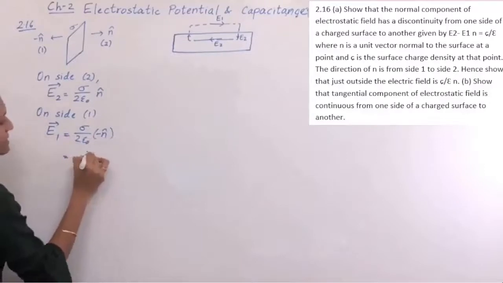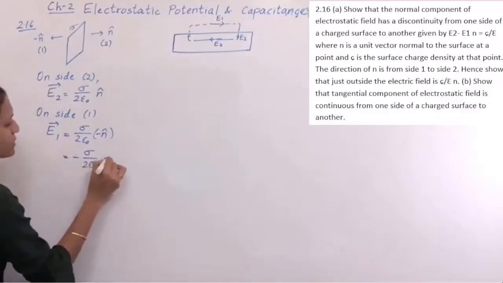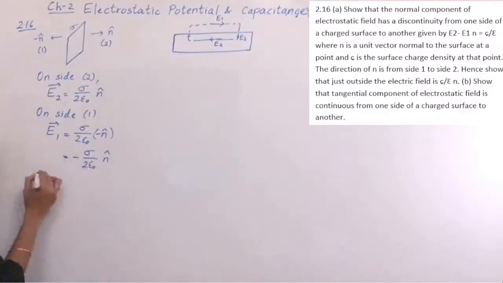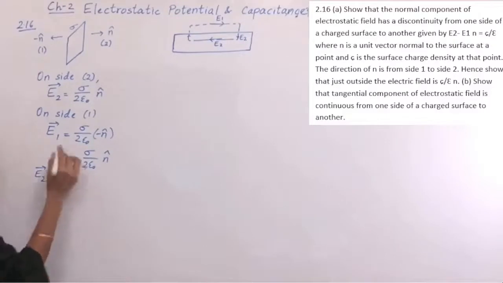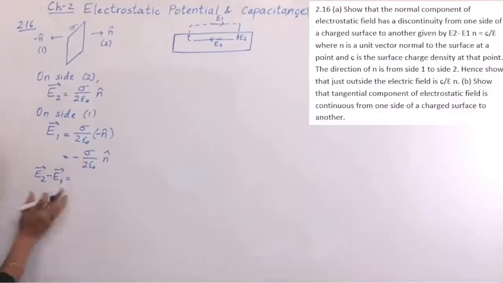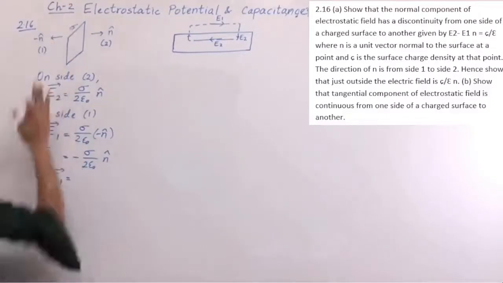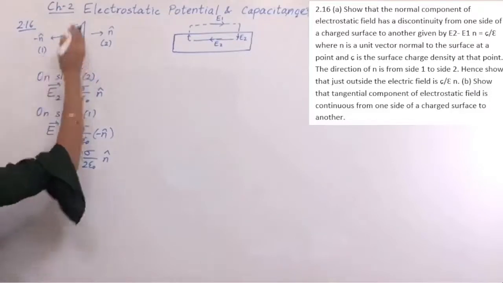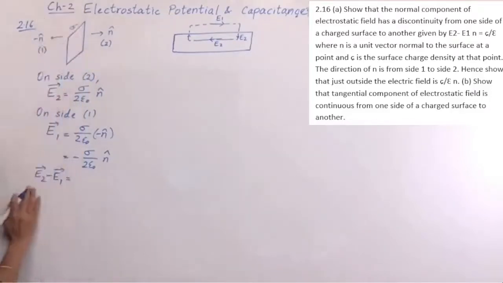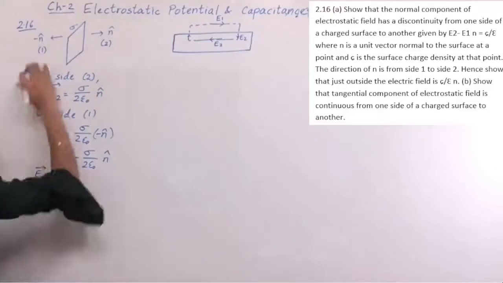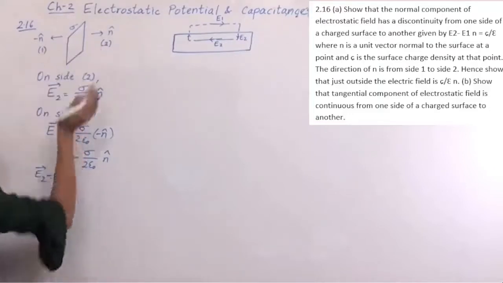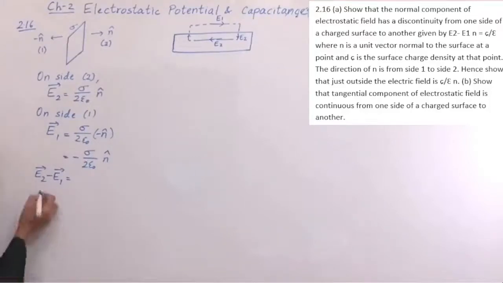That means minus sigma by 2 epsilon 0 n cap. Now E2 minus E1 is the difference, whichever is the electric field on the surface of the plate, that we will get by taking the difference of the electric field on both sides.